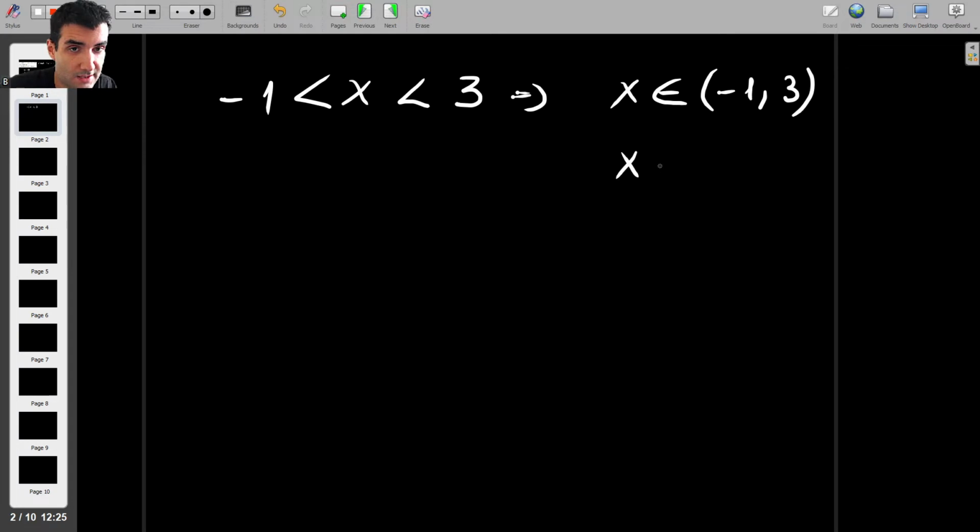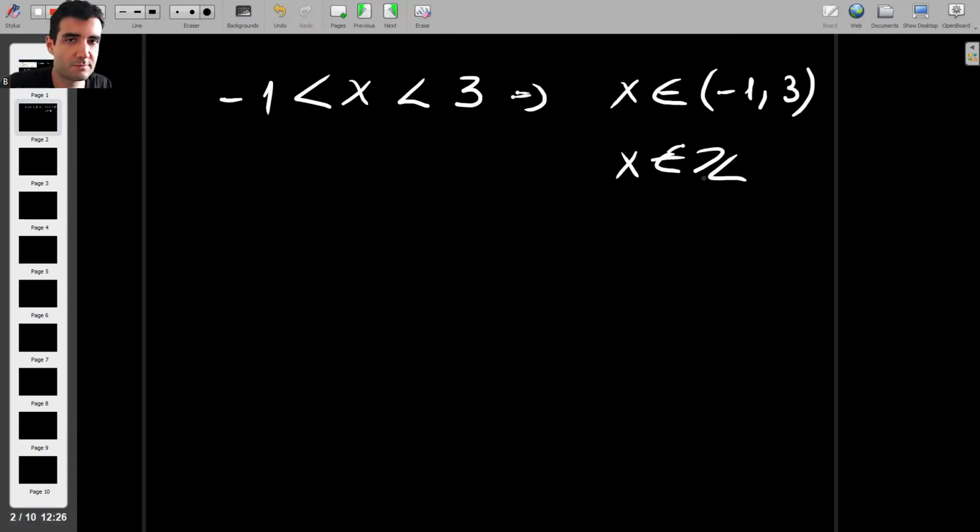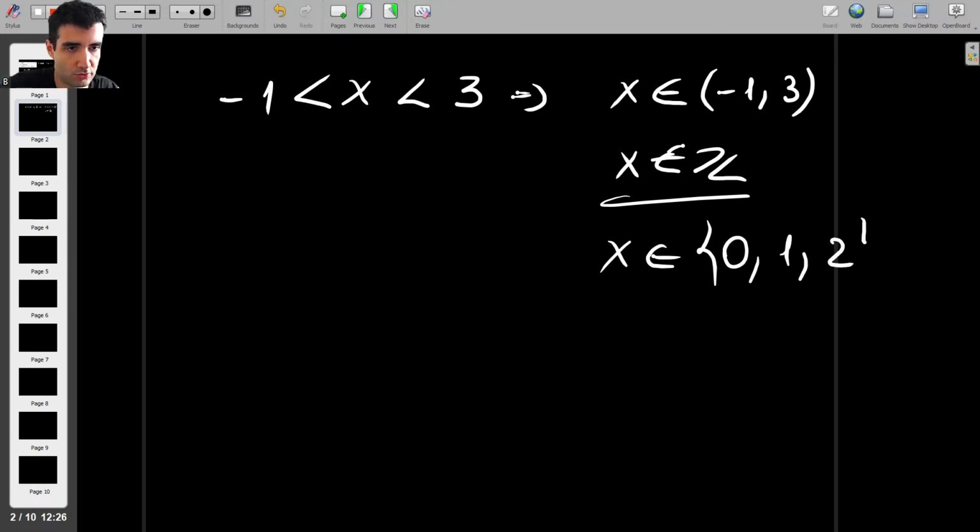But we also know that x is an integer. That's what the question tells us. So if x is between minus 1 and 3, excluding minus 1 and 3, and x is an integer, then we know what x is. So x is a number from this set: 0, 1, 2, and that's it. x being an integer means it can only take those 3 values.